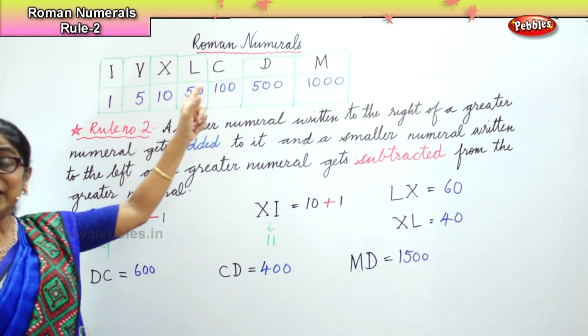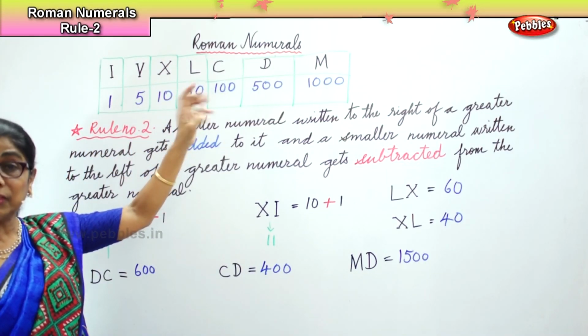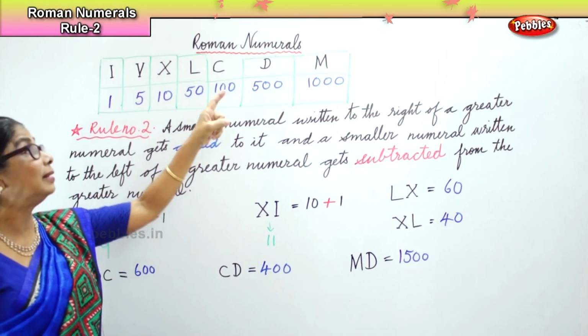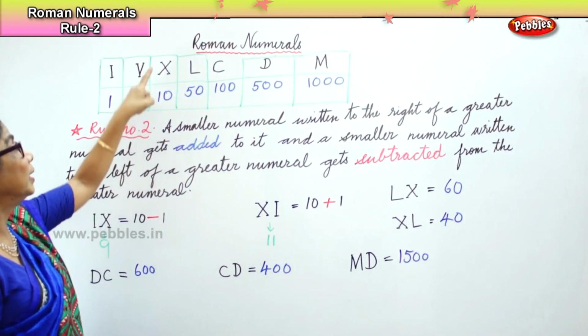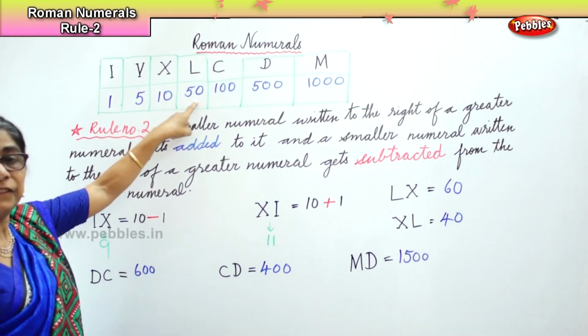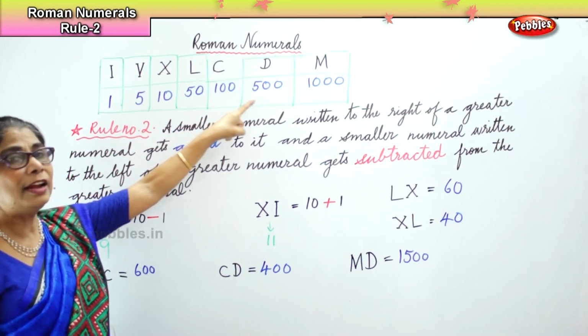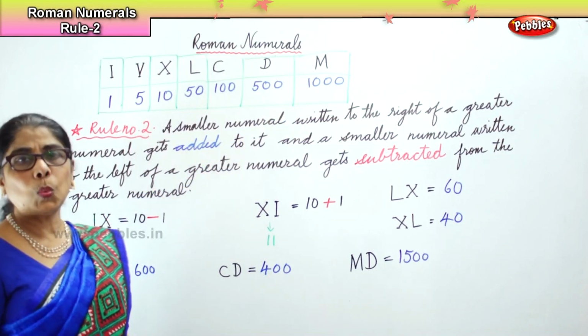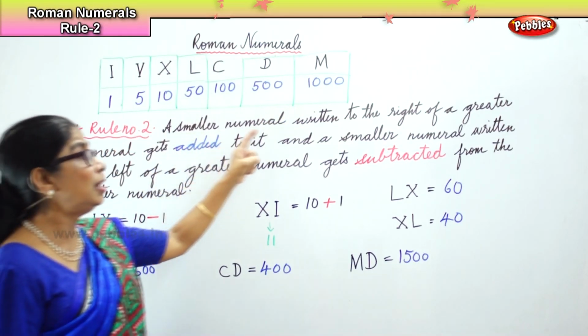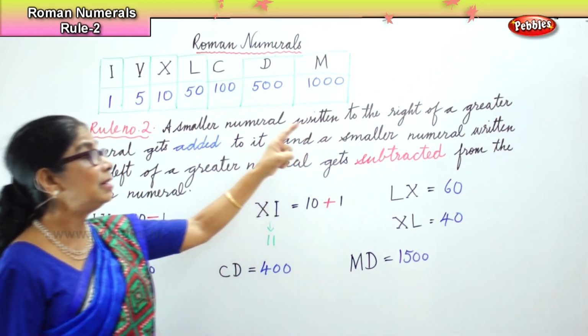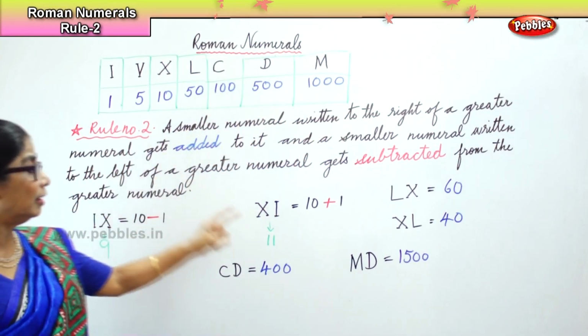Now, let's look at what we have done in rule number 2. These are the 7 main symbols or characters in the Roman numerals: 1, 5, 10, 50, 100, 500 and 1000. Rule number 2 says a smaller numeral written to the right of the greater numeral.